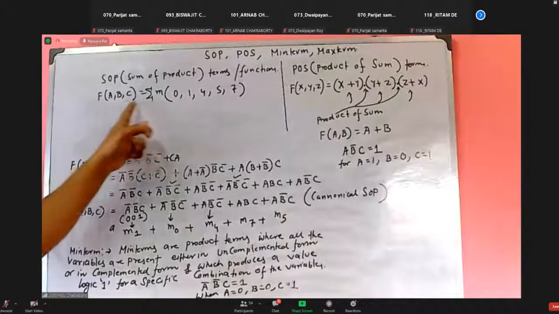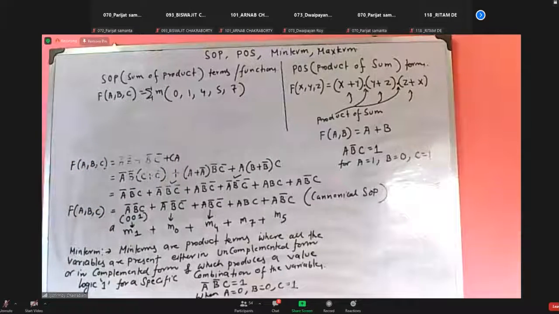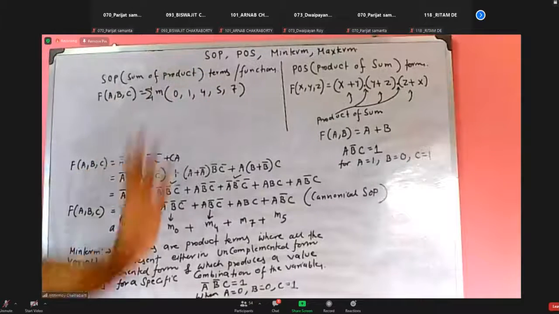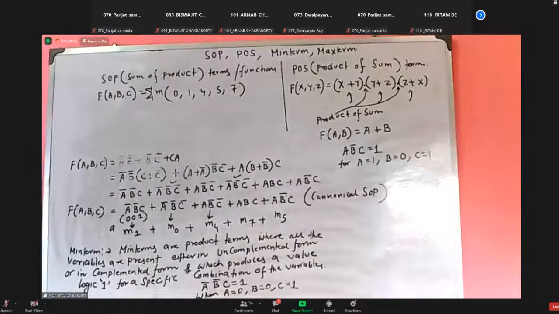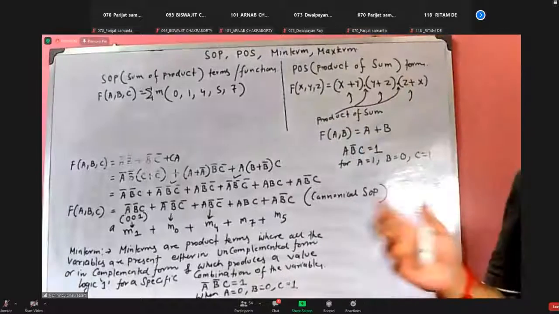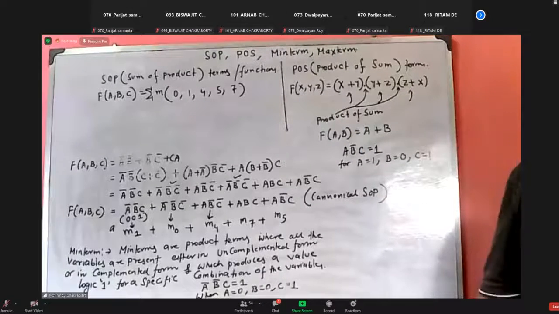So f of abc is 0 1 4 5 7. So this is with respect to min terms, summation small m 0 1 4 5 7. So we have learned how to convert the reduced form to the canonical form, what is min term and how to write it with respect to min term.